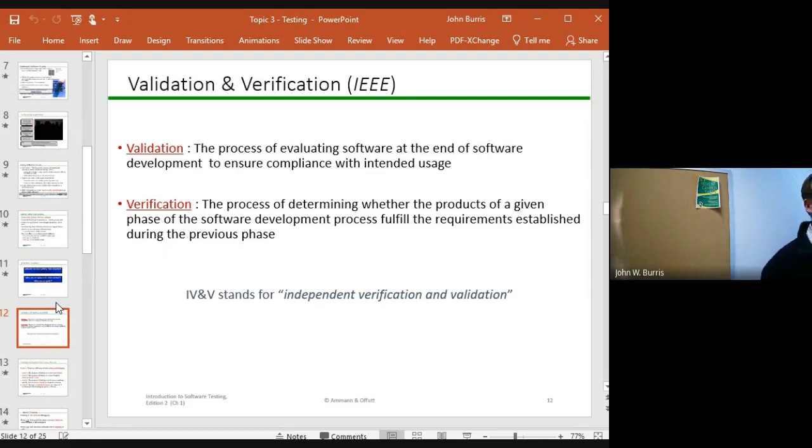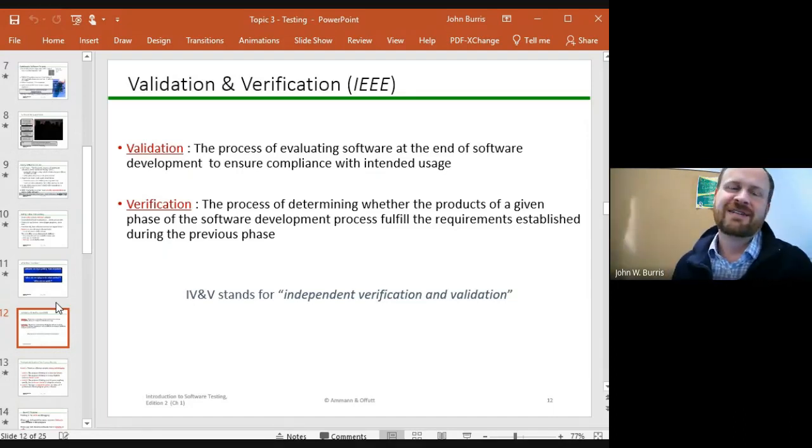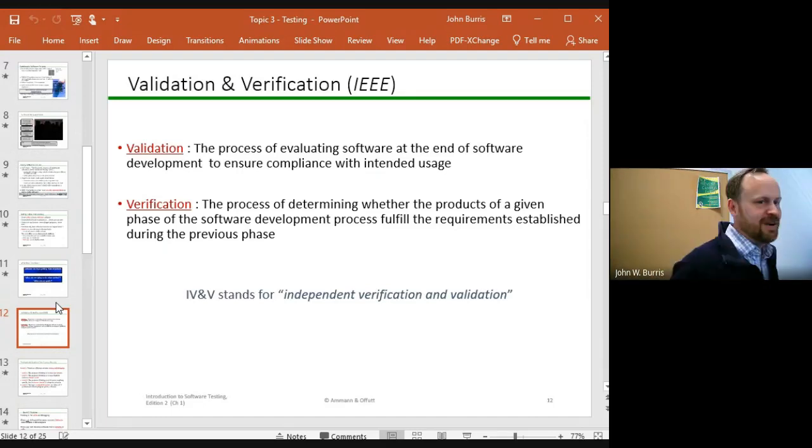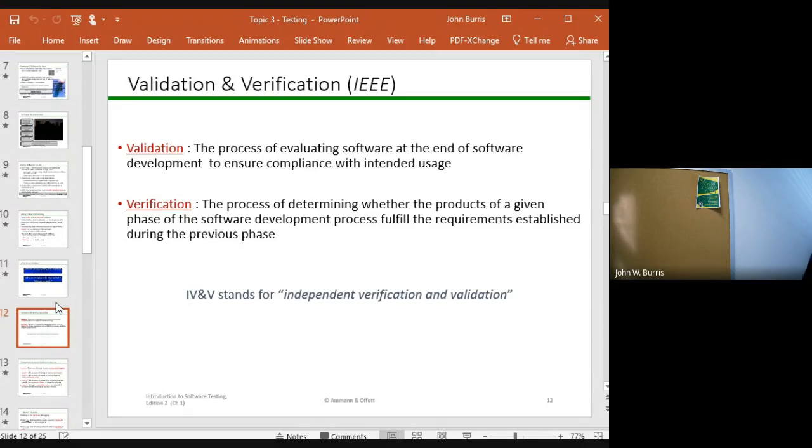All right. So there's this process that we call V&V, validation and verification. Validation is ensuring that software has some compliance with what the intended use is going to be. And the verification makes sure that it does what it was established to do in the previous phase. This is incredibly important anytime you do research. And if anybody's in security, this is a huge deal right now.